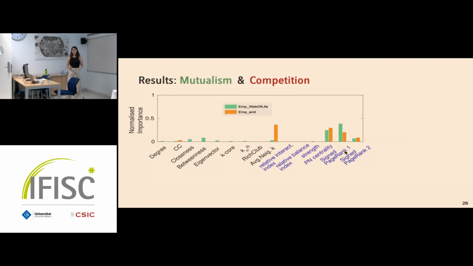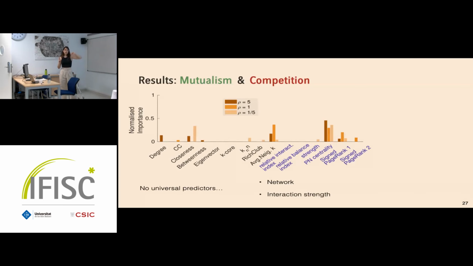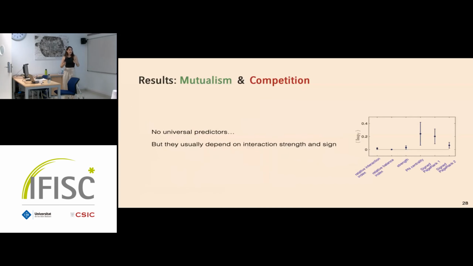And if we just focus on one network, for example, the orange one, and change the rho, which is the ratio between mutualism and competitive strength, then the array of predictors that we obtain also changes. So there are no universal predictors; they depend on the network structure.